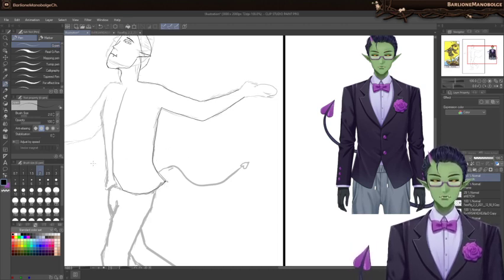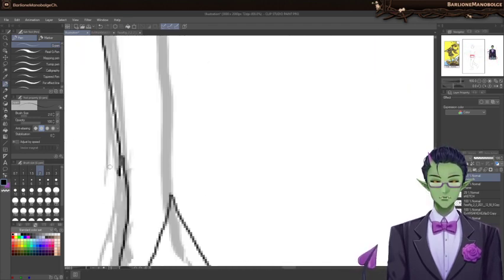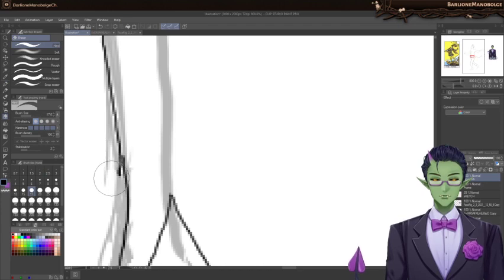Okay. Back up. Stop at the top line of the chest. Drop it down. Alright. Clean up the line gap here as well.